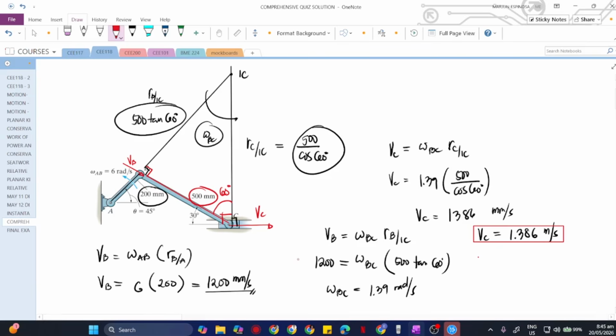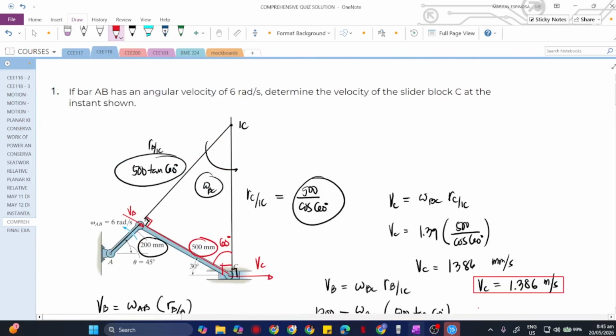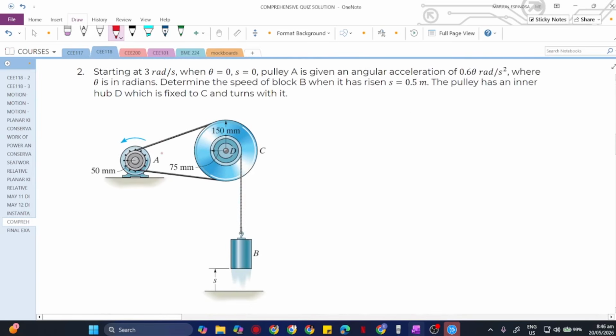And then, proceed tayo dito sa next problem natin. Okay, next problem. Starting at 3 radians per second, when theta is equal to 0, S is equivalent to 0. So, yung dito na part, 3 radians per second yun.